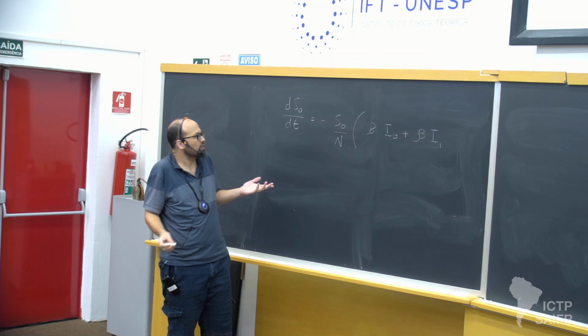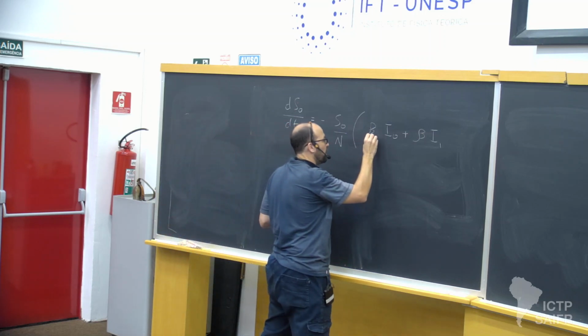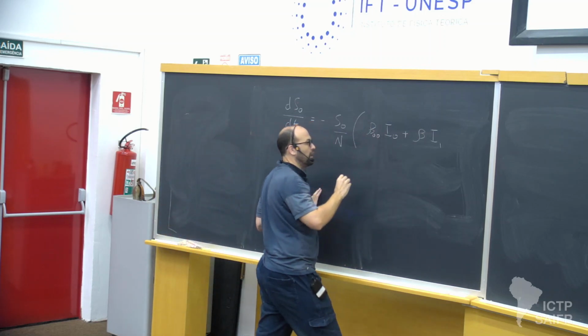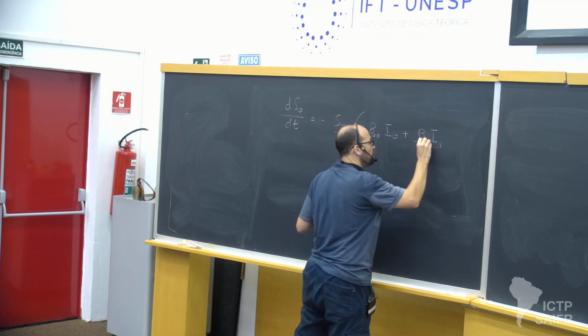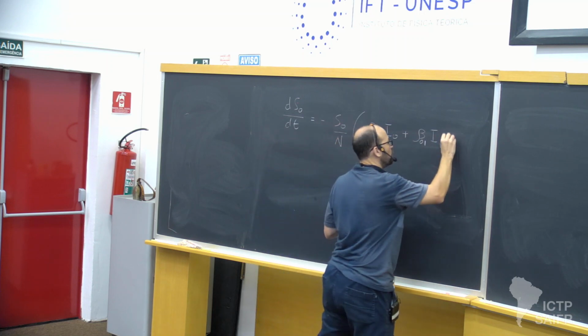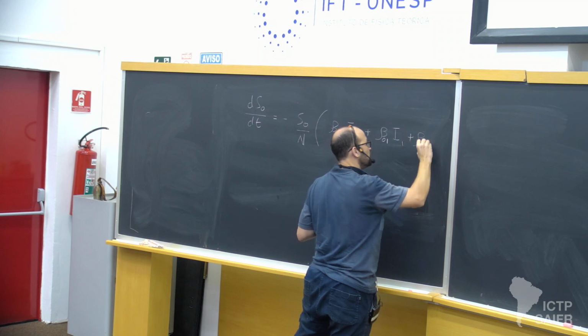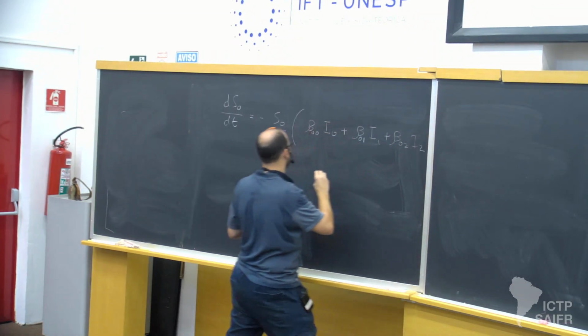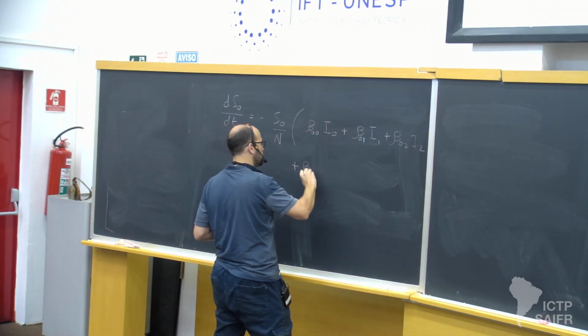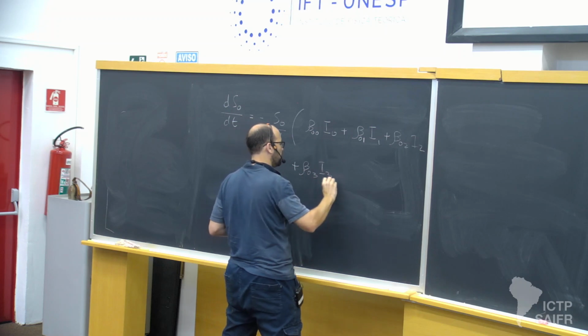Now I have to call this by something. So I call this beta 0,0, zero infecting zero. I call this beta 0,1, zero being infected by one. And so on, plus beta 0,2 I2, plus beta 0,3 I3, and so on.